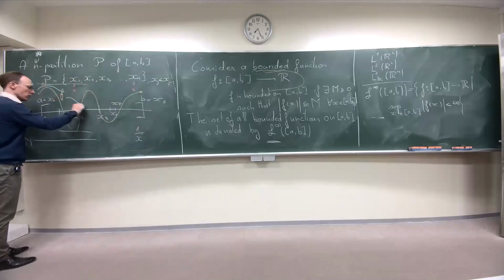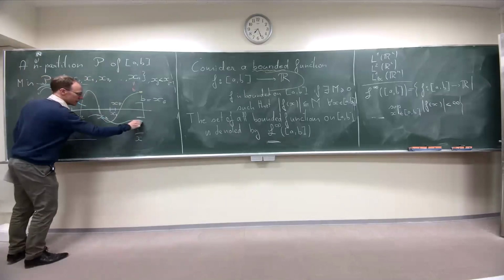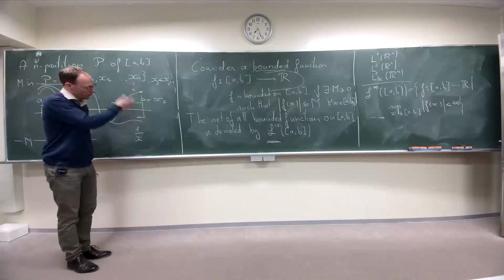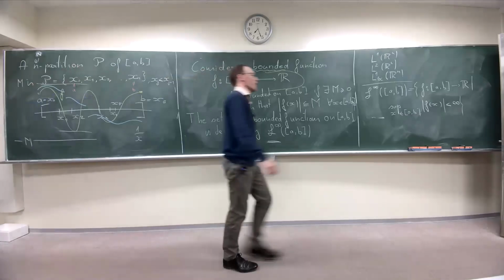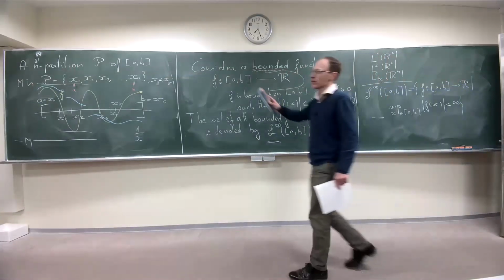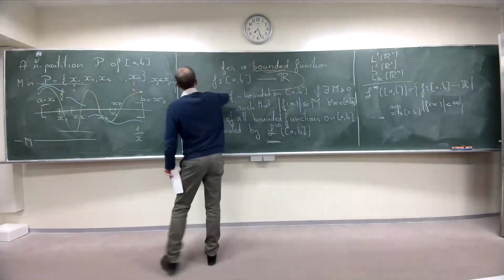I can also do a function like this. This one is not continuous. I'm not asking continuity, but still this one is bounded. On the blackboard, most of my functions are continuous, but this is a mistake. In fact, most of the functions are not continuous.